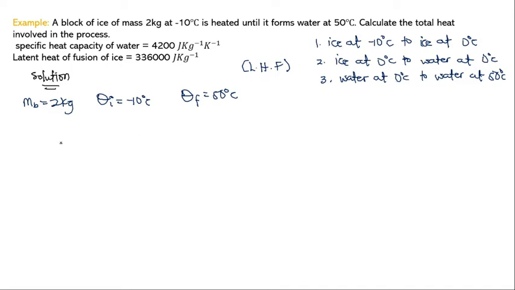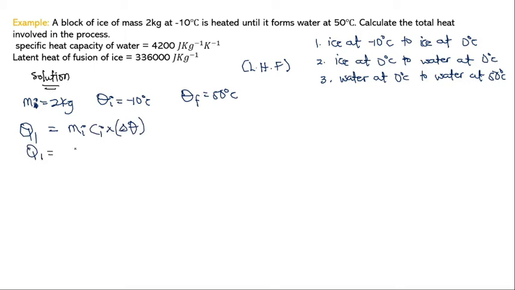Let's have Q1, the heat energy involved in converting the ice at negative 10 degrees Celsius to 0 degrees Celsius. The heat energy here will be the product of the mass of the ice, this is the ice block so let me use I, the specific heat capacity of the ice, multiplied by the change in temperature of the ice.